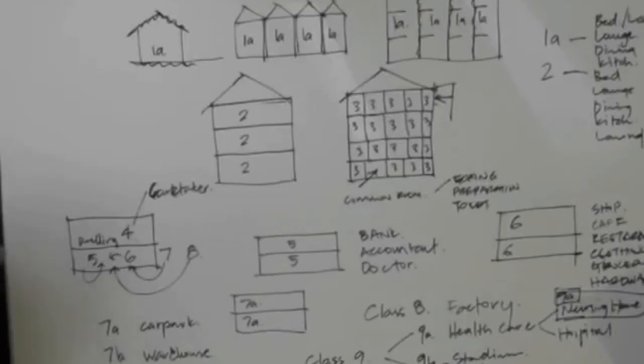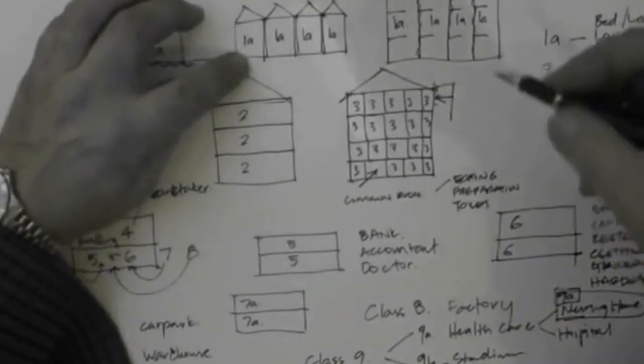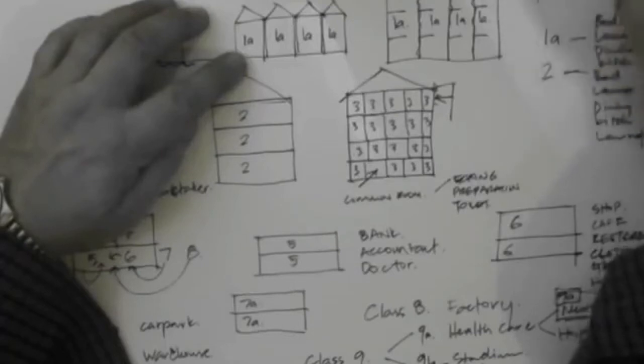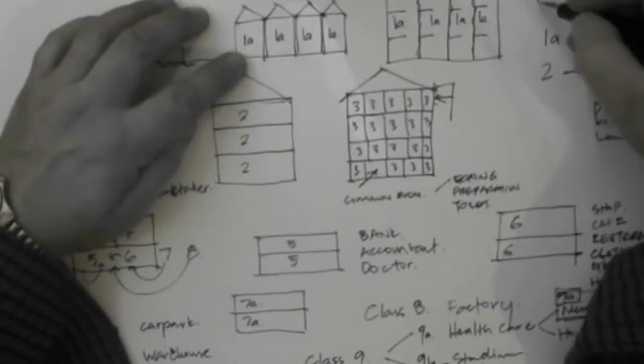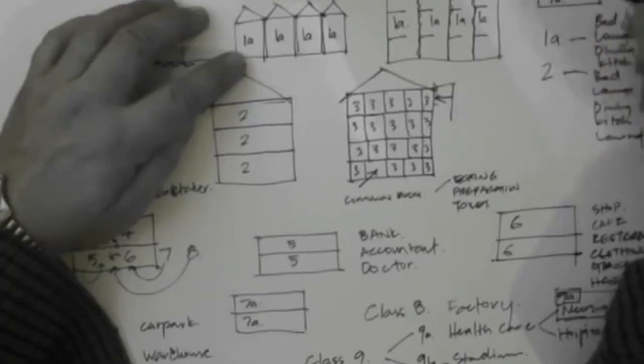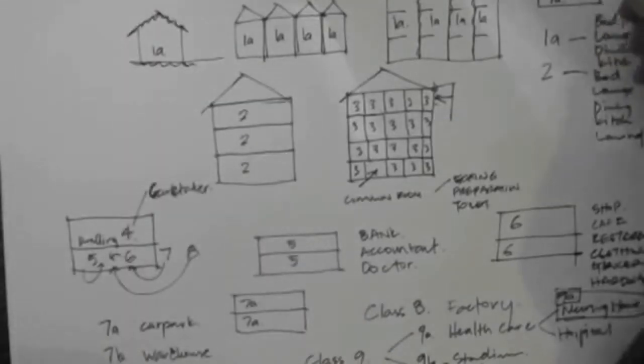Some important things to note: if a 1A building had a car park underneath it, which was a 7A, and that's quite common in a lot of developments, the 1A cannot possibly exist because you have another class underneath it, so that will have to make it into a 2.